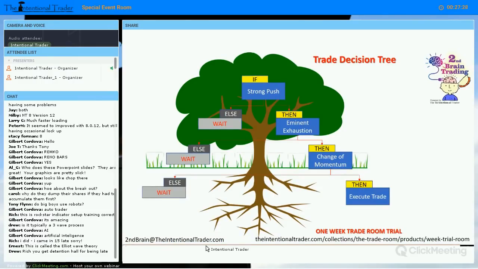So I want you to remember this decision tree process, and we are going to get to the trade setup. But again, there's some background. You need to understand exactly how you're supposed to approach these setups. And when I get to showing you the setups, I'm going to refer back to this. I'm going to ask you questions about what I'm about to talk about.